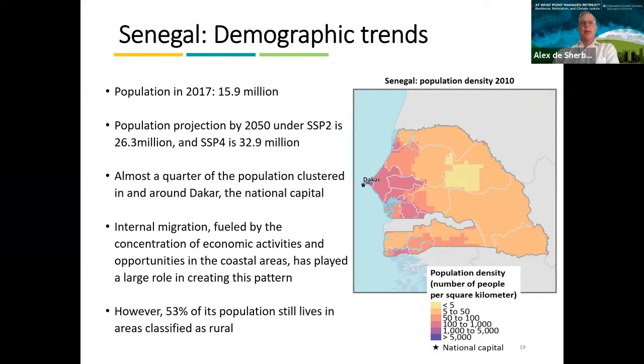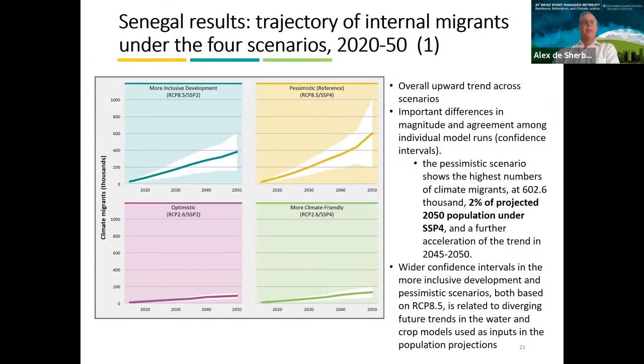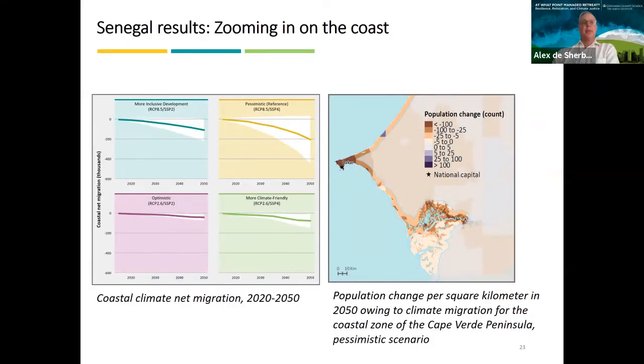Senegal, much more water deficit issues in western parts of coastal Senegal. This is going to exacerbate sea level rise issues, and we see potentially up to 400,000 people potentially leaving the coastal zone in Senegal, but with high bands of uncertainty around that.